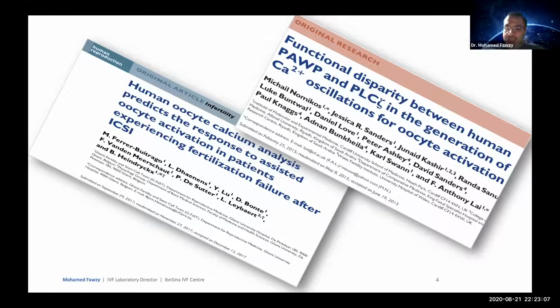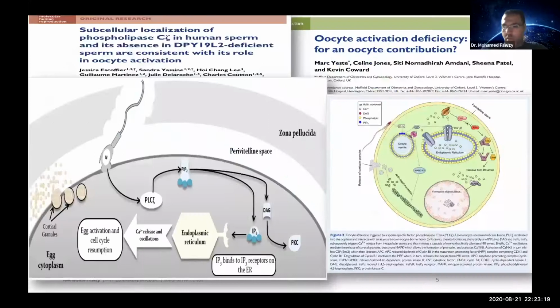This meiotic arrest is released through a series of events termed oocyte activation, including cortical granule exocytosis, second polar body emission, pronuclear formation, and subsequent division. In normal fertilization, the phospholipase C zeta of a fertilizing spermatozoon produces inositol triphosphate within the oocyte, which interacts with the receptors in the endoplasmic reticulum, causing calcium oscillations to trigger oocyte activation.